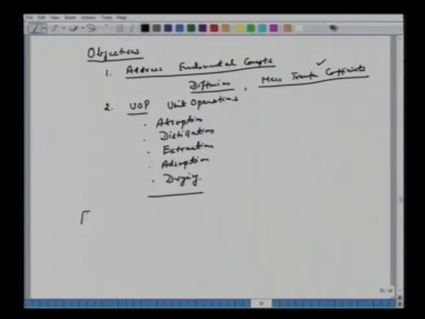So let's say we have a feed. When we say feed, this is our starting material. This could be liquid, or gas, or we can even have the solid phase. It contains, let's say, at least two components, A and B, and we have been asked to separate B from A. That means when we say separations, practically we do not have 100% separations.